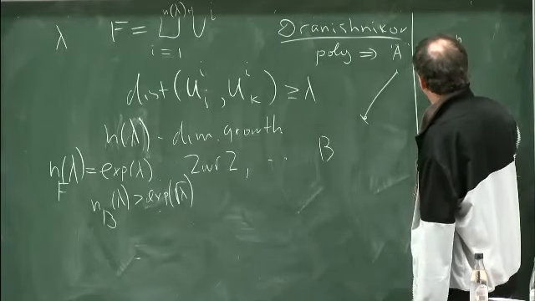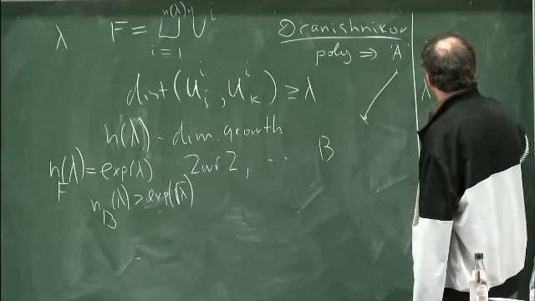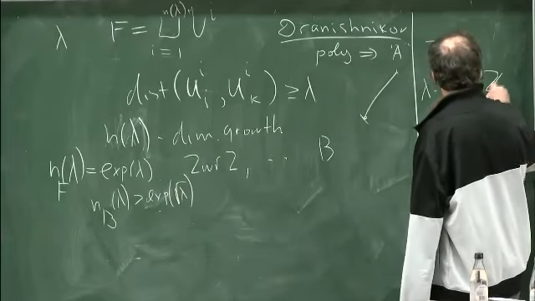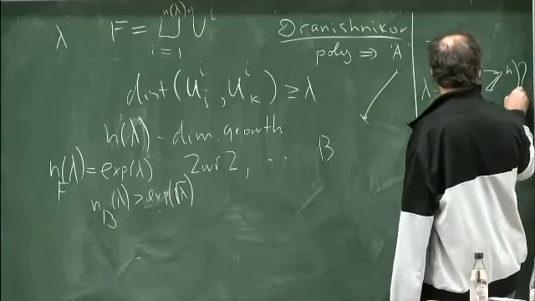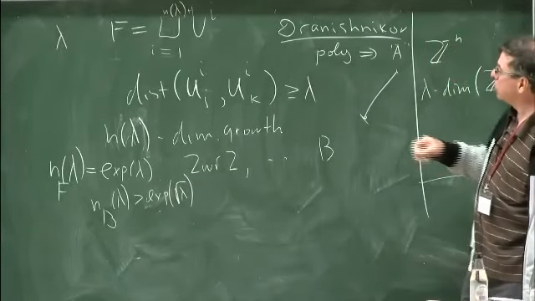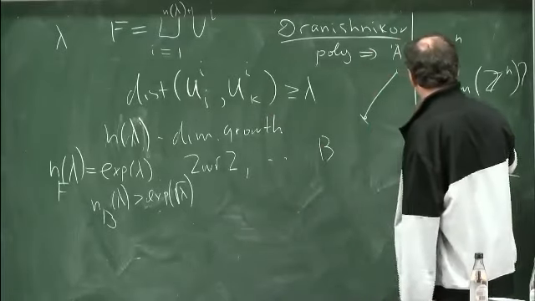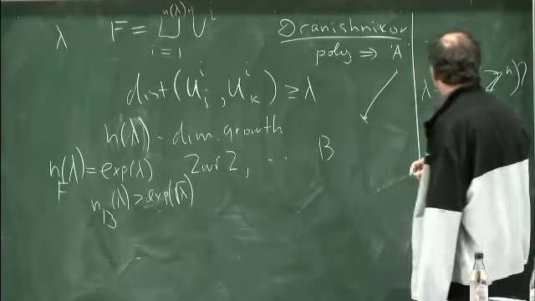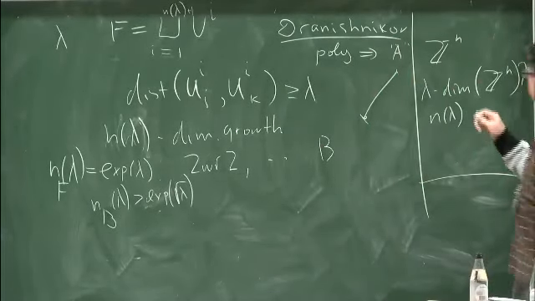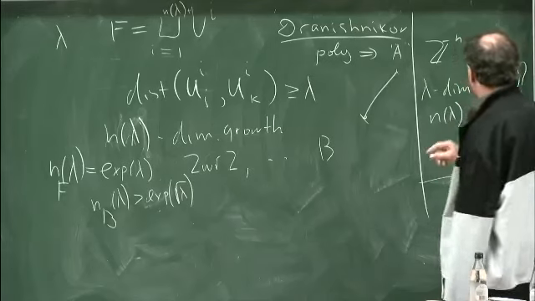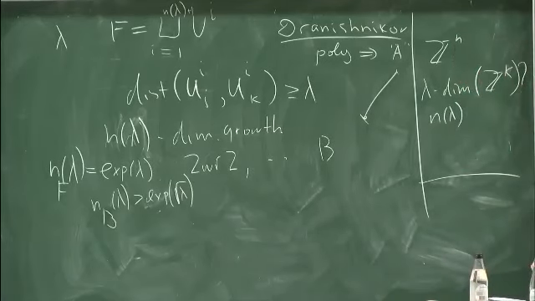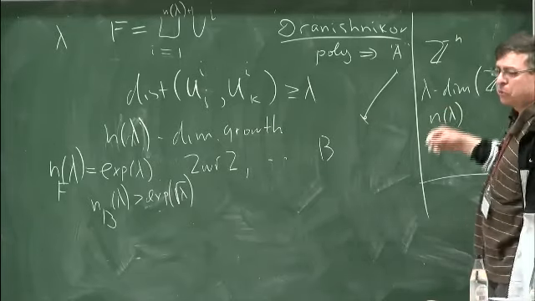So the question is, what is lambda dimension of z to the power k? Again, lambda dimension is the n of lambda. It's a bad notation. Lambda is some strange thing, it can be an arbitrary number.